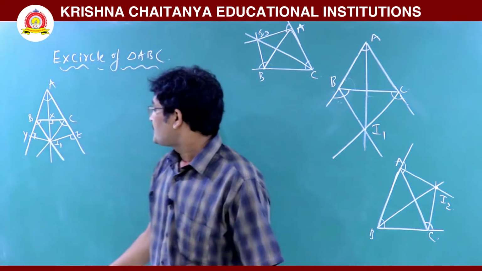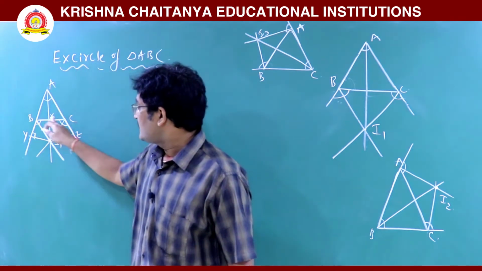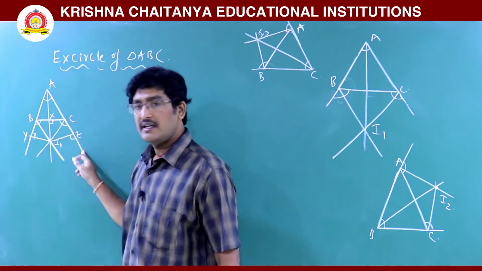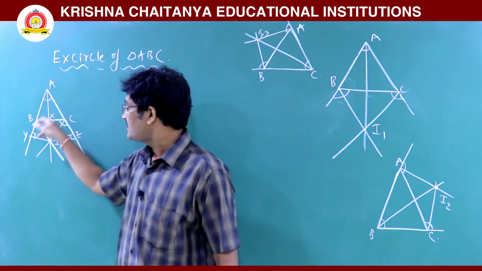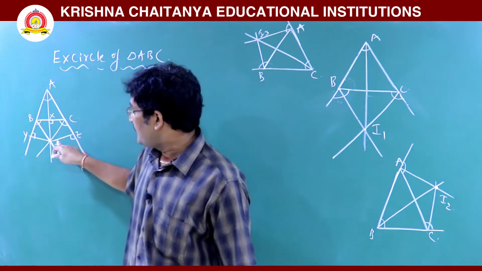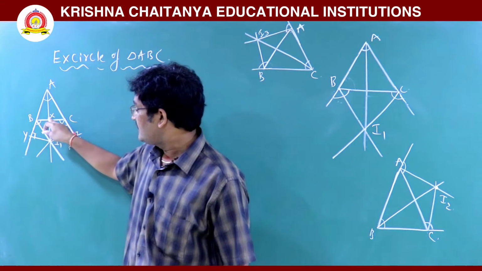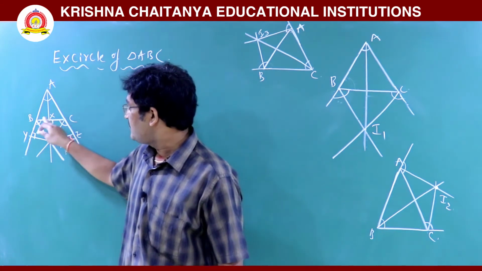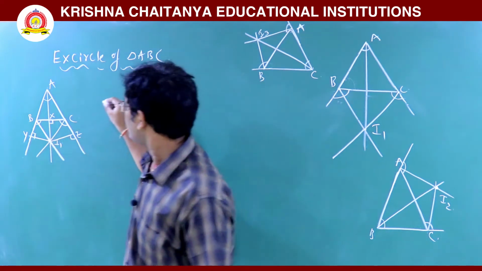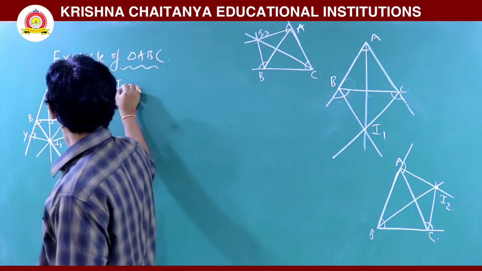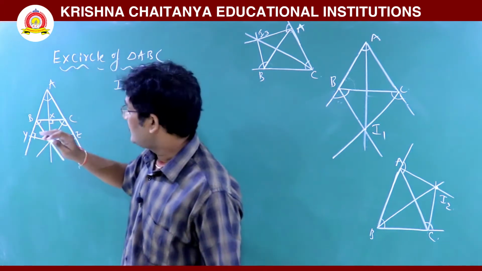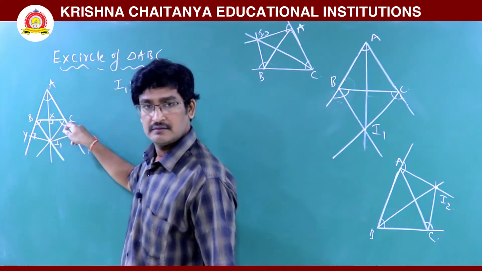Listen to me. This is one side of the triangle, this is the second side, this is the third side, with extensions of two of these sides. We draw a perpendicular from I1 to this side, and it meets BC at X. I1X is the distance from I1 to this side.